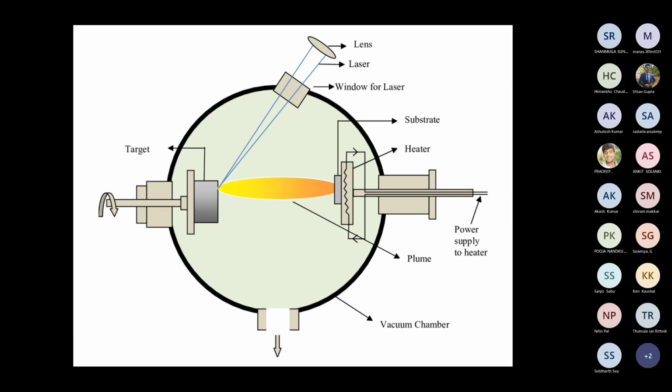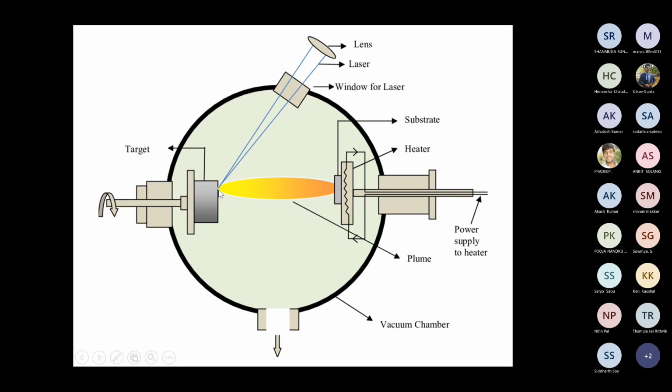So those can very easily be made by PLD, whereas sputtering may not give the same stoichiometry, but in PLD we can do it very nicely, and the quality of the film will be much better than sputtering. The focused laser will fall here, and ablation will happen.